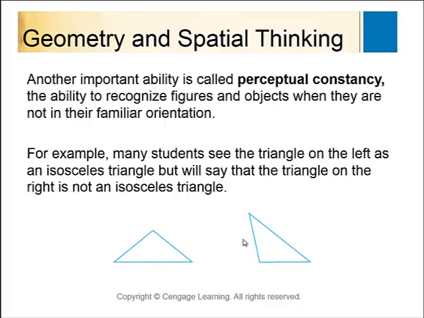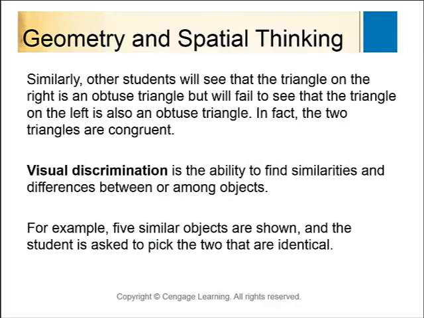Additionally, they'll look at this triangle and they'll say that he's obtuse, but they won't necessarily notice that he is obtuse in addition to being isosceles. And this just says all of that stuff in the words, but not with the pictures, so that you can look at.